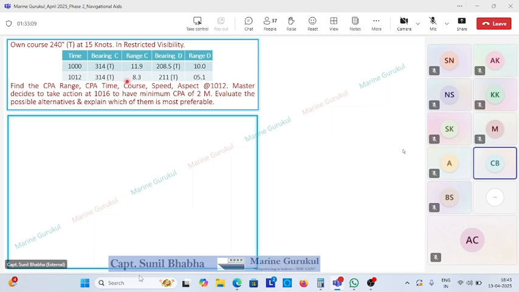So the target Charlie is on a collision course. So the first part of the question is exactly what we have done till now. So let us first plot these two targets and find out the CPA range, time, course, speed and aspect of both of them.